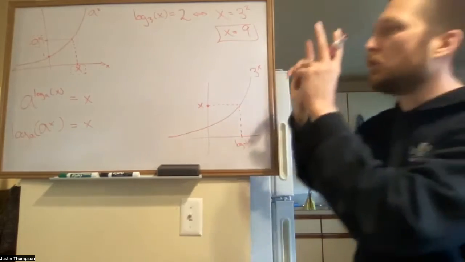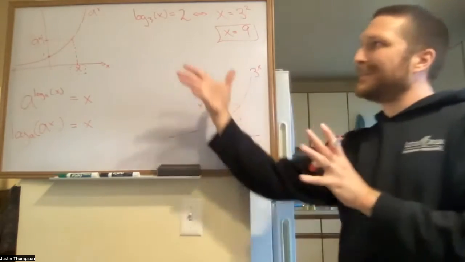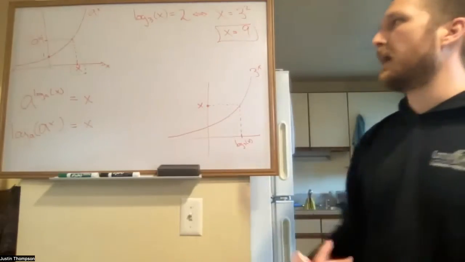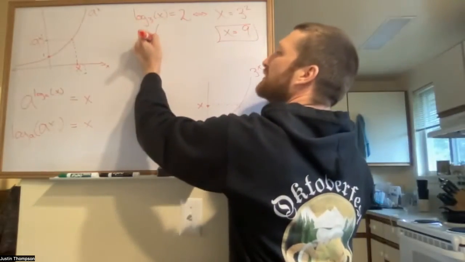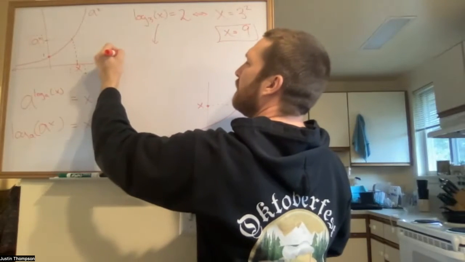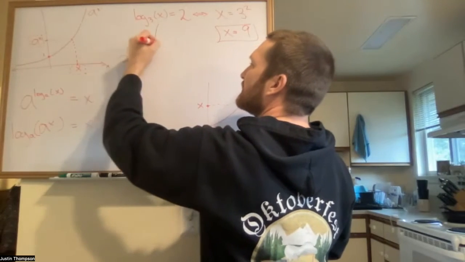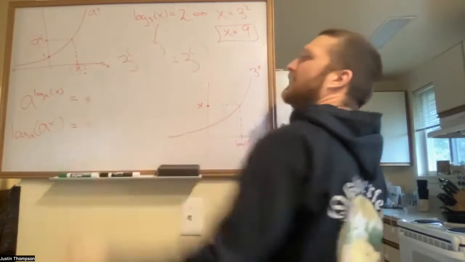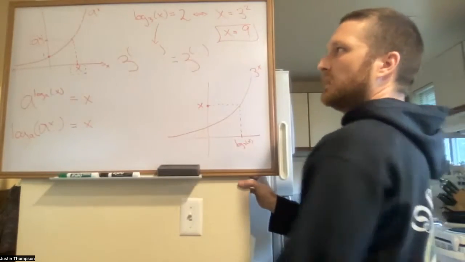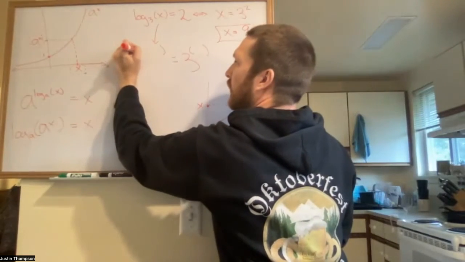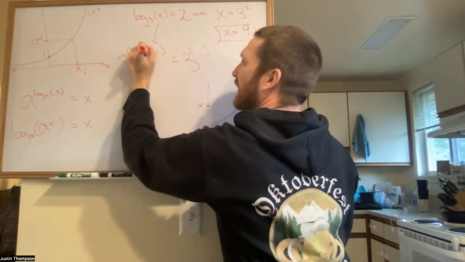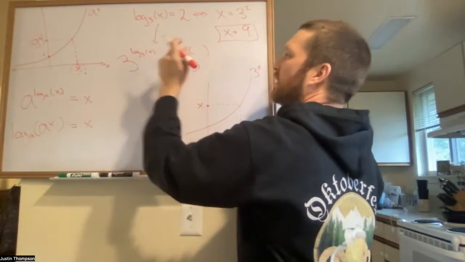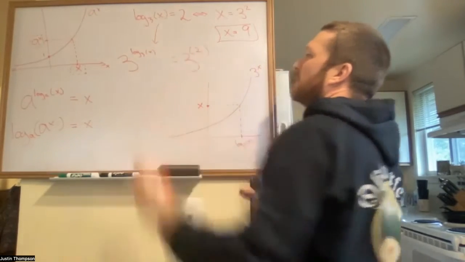So in this case, we're not going to cube both sides. We're going to undo them by going 3 to this side of the equation equals 3 to that side of the equation. And so we get log base 3 of x on this side, dropping those parentheses, 3 to the 2.